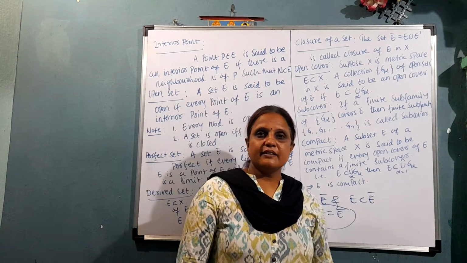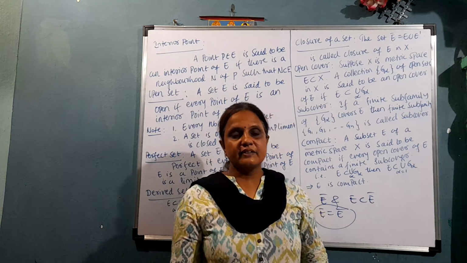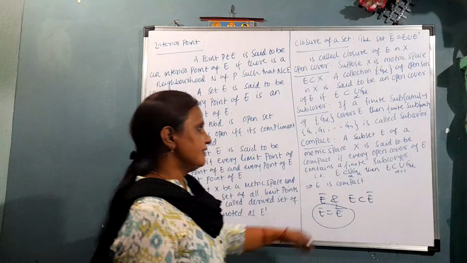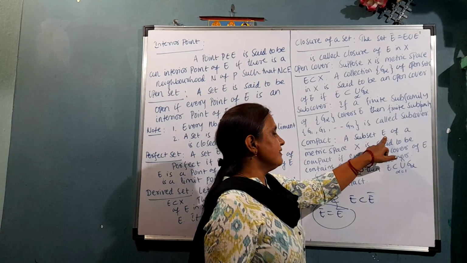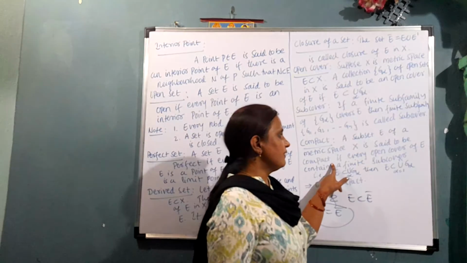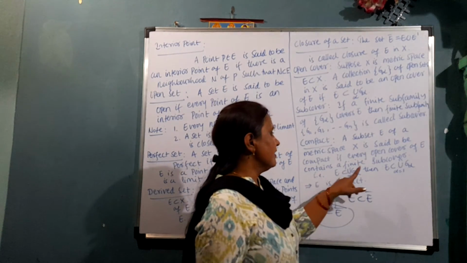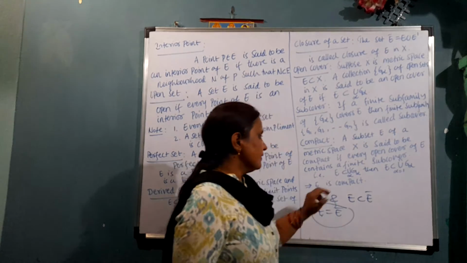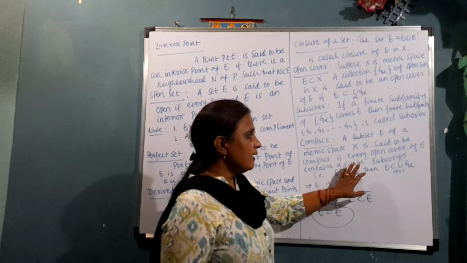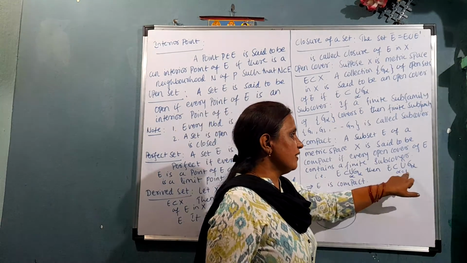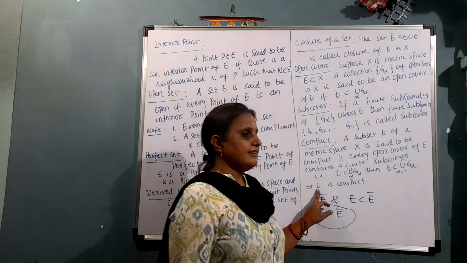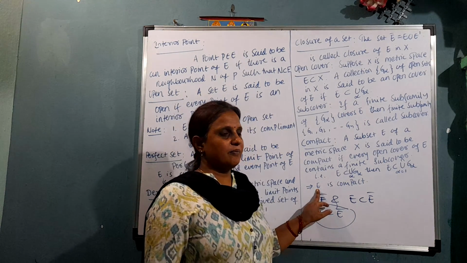That is, here E is a subset of a metric space X. We call it compact if every open cover of E contains a finite subcover. So E is a subset of the union over alpha of G alpha, and it should be a subset of the union of G alpha for alpha equal to 1 to n, which implies E is compact.